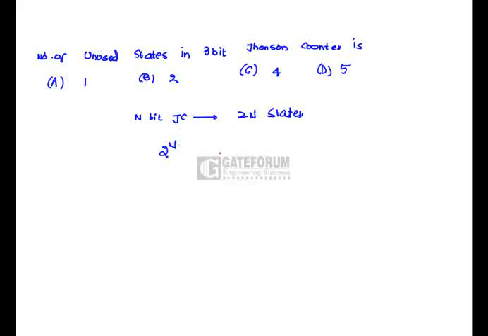So the number of unused states is 2 power n minus 2n. Here n equals 3, that is 2 power 3 minus 6, that is 2 states are the unused states, that is option B is correct.